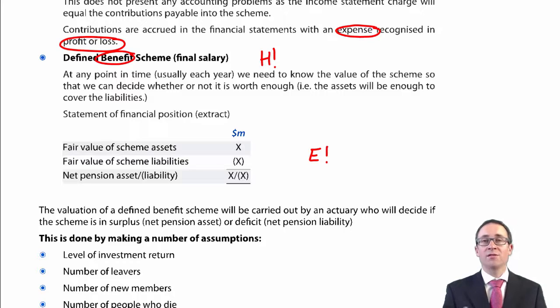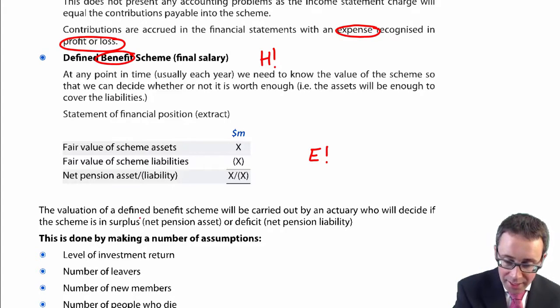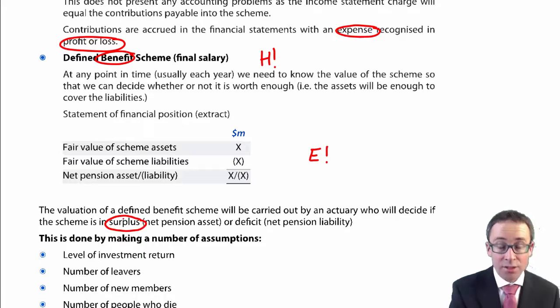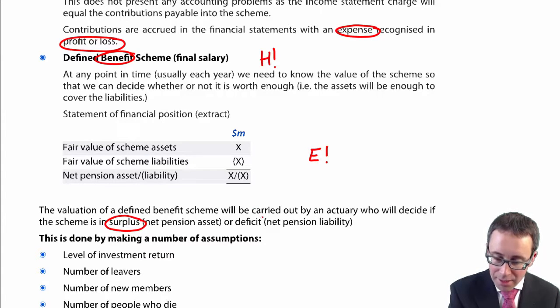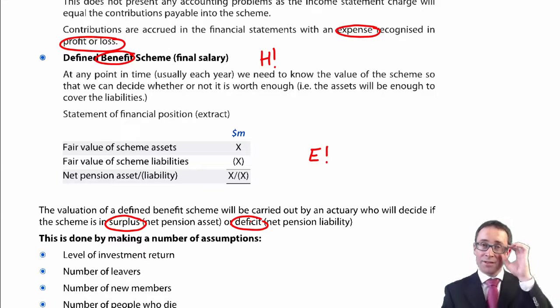You net them off on the face of the statement of financial position, and you will either have a net pension asset or a net pension liability. Again, just be aware, if it's an asset, the positive number is referred to as a surplus. And if you have a net pension liability, that is a deficit.